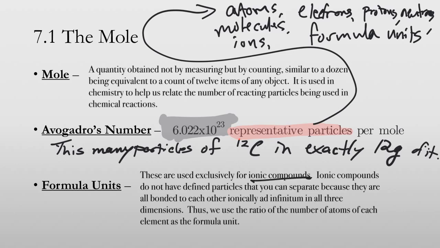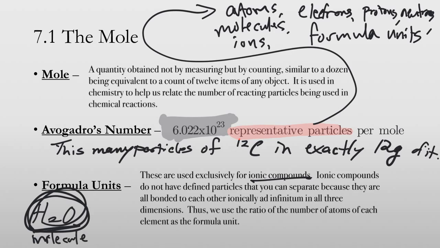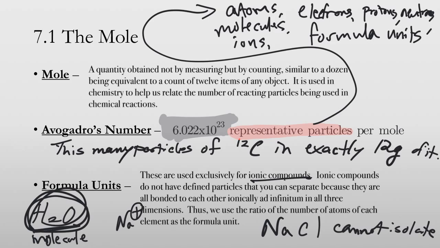We don't have molecules of ionic compounds. Molecules are these separable entities, the smallest unit of a molecular compound, a compound made up of only covalent bonds. We can take one water molecule and we could isolate that, but we can't isolate just a sodium and a chloride. And the reason is that the sodium is charged. It's a sphere that's charged.